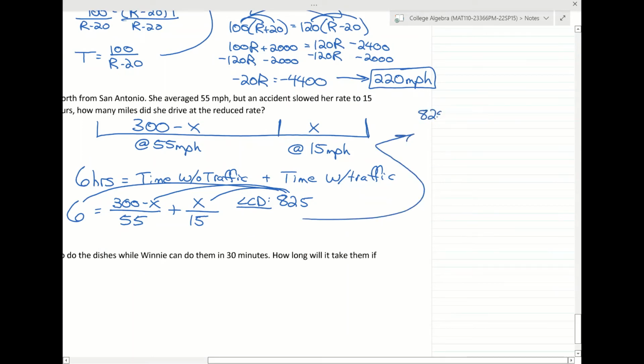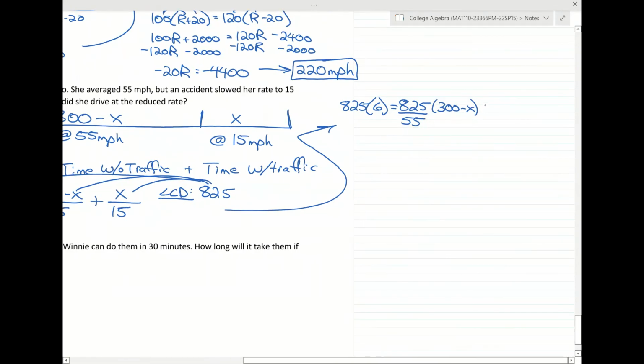So we're going to do 825 times 6 is equal to 825 times 300 minus x over 55 plus 825 over 15 times x. 825 times 6 is 4,950. 825 divided by 55 is 15. 825 divided by 15 is 55.